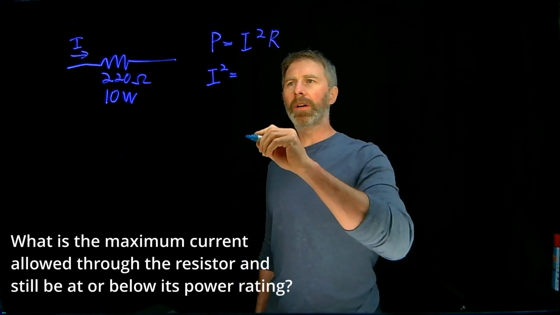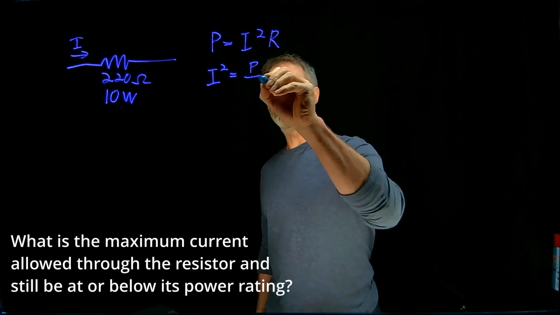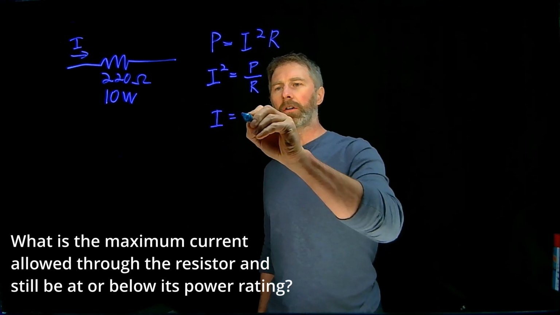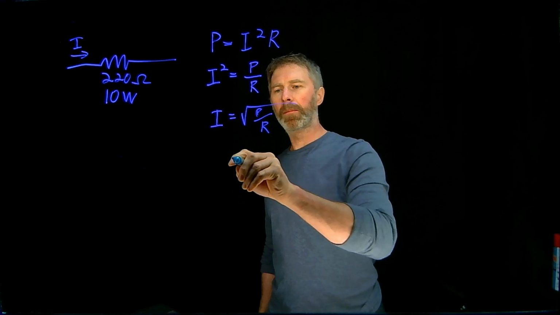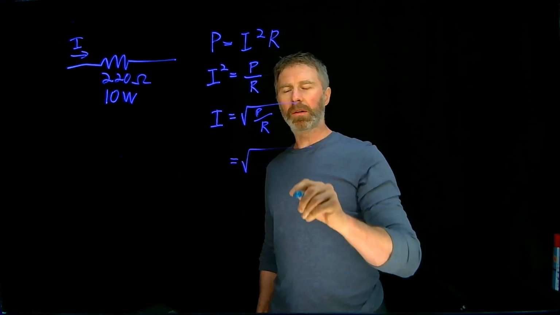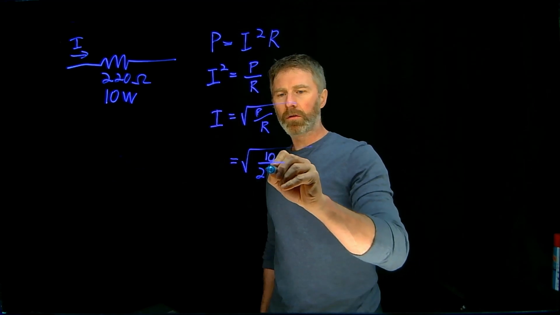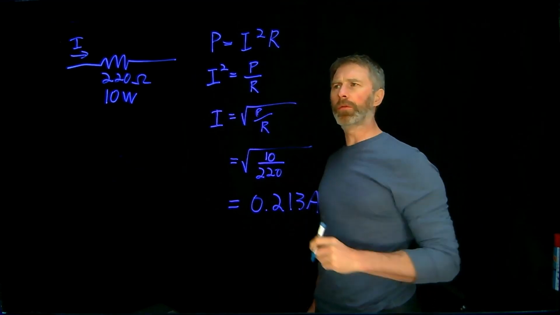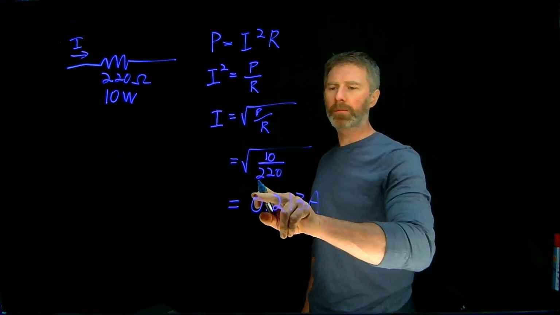So with a little bit of algebra to rearrange the equation, I squared is equal to P over R. And therefore the current I is going to be equal to the square root of P over R. Plug some numbers in here: 10 over 220. So the maximum current that we can have through that 220 ohm resistor is 0.213 amps.